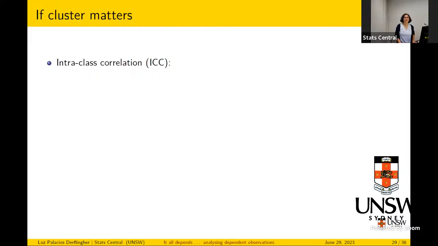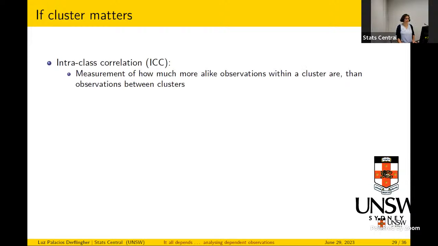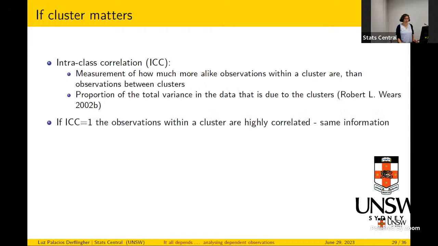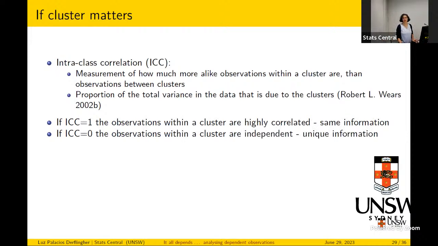Now, we also have what is called the intraclass correlation, a measurement of how much more alike observations are within a cluster. And also there's the definition of proportion of total variance due to the clusters. If ICC is 1, that means that basically the observations within a group are providing the same information. If it's 0, they're providing different information.